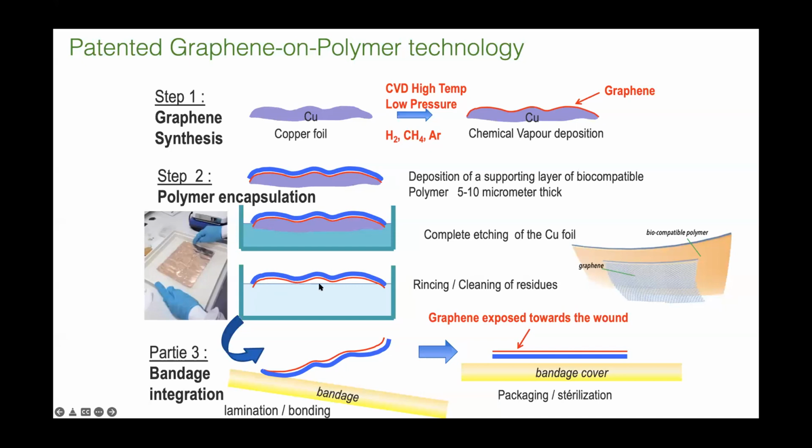We get a system that is reversed upside down, where graphene is now towards the top surface, supported by a biocompatible polymer. It's important to say that the graphene is fully continuous. It's a polycrystalline mosaic of monocrystals without too many multilayers. And you can put it in a bandage, as we're going to see, for example.